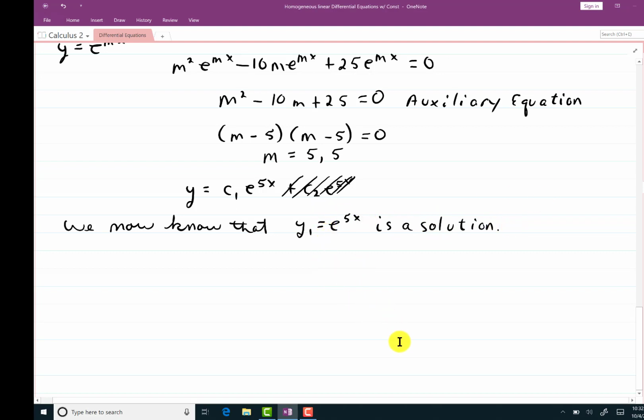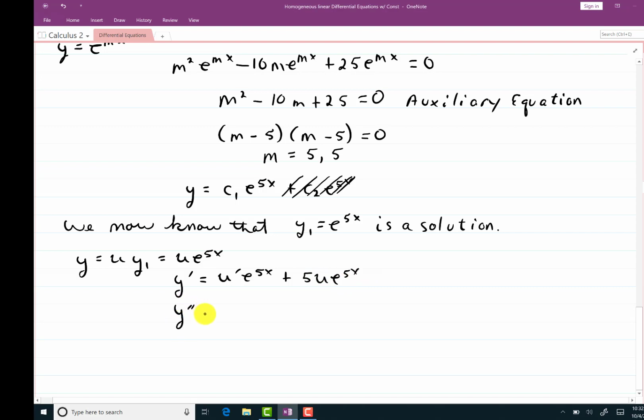With that in mind, set y equal to u y1, which is of course u e to the 5x, and let me take the series of derivatives with the intent of plugging it into the equation and figuring out what the other, y2, is equal to. So y prime equals u prime e to the 5x plus 5u e to the 5x.